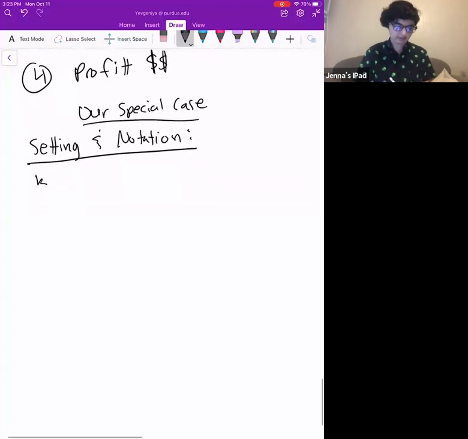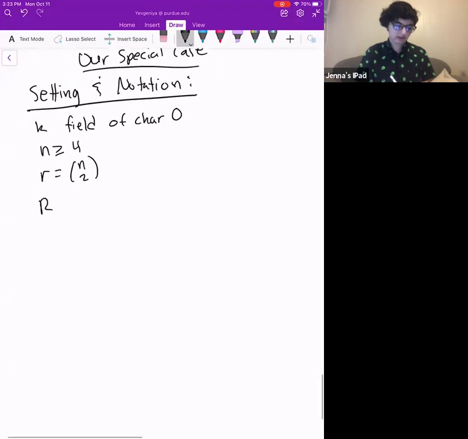So here, K is going to be, again, a field of characteristic 0. Again, n is going to be greater than or equal to 4. We're going to let r be n choose 2. And we're going to let capital R be the ring K adjoined with x1 through xn, y1 through yn, z1 through zn.